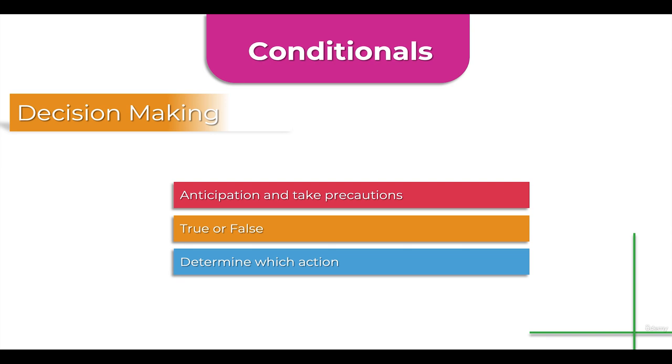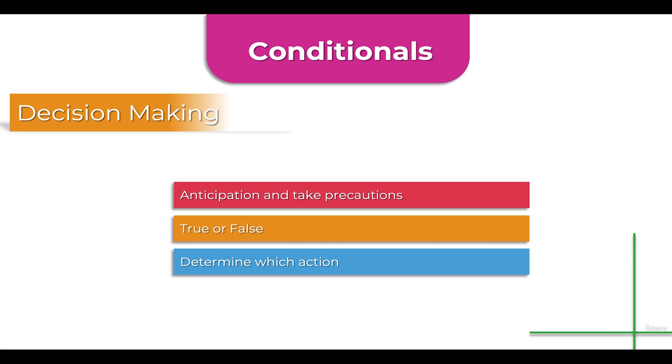So we need to determine which action to take and which statements to execute if the outcome is true or if it's false. So the following is the general form of a typical decision-making structure found in most of the programming languages. These conditions can be used in several ways, most commonly in if statements and loops.